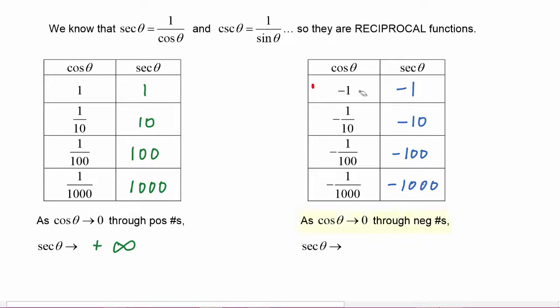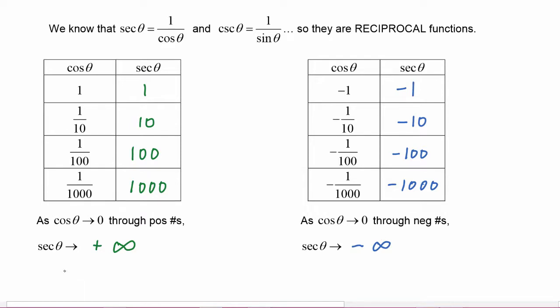So we can see as cosine of theta gets closer and closer to 0 coming through negative numbers, secant of theta gets more and more negative. So secant of theta approaches negative infinity. Now, when we look at this, we see that secant goes from 1 to infinity, or if we kind of go backwards, from -1 to negative infinity.